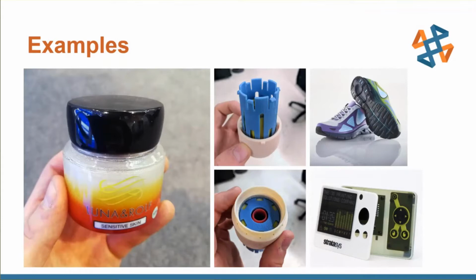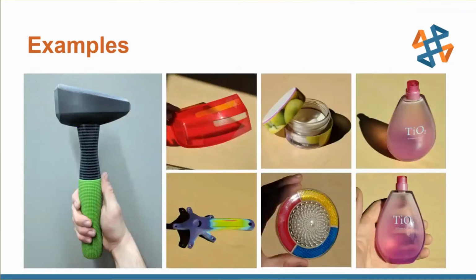Whether it is a packaging solution or a product itself, or maybe just a visual display model that's used for communication, there's a whole multitude of really high fidelity solutions that we can create using the Stratasys PolyJet J series printers.